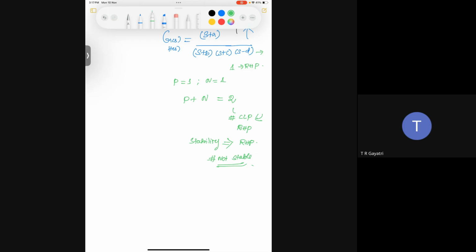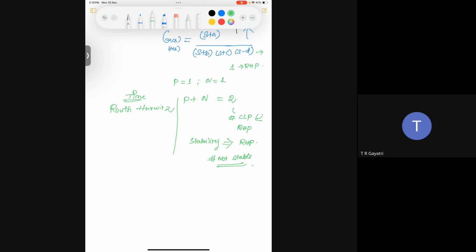How many poles are in the right half of the plane, left half of the plane? How did you do that analysis? Routh-Hurwitz, yes, exactly. With Routh-Hurwitz in the time domain, we did the same analysis.